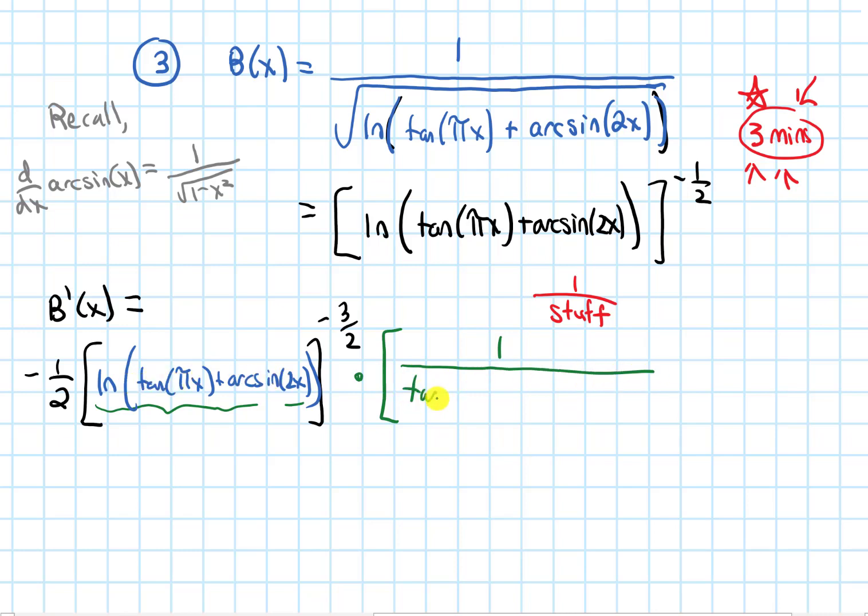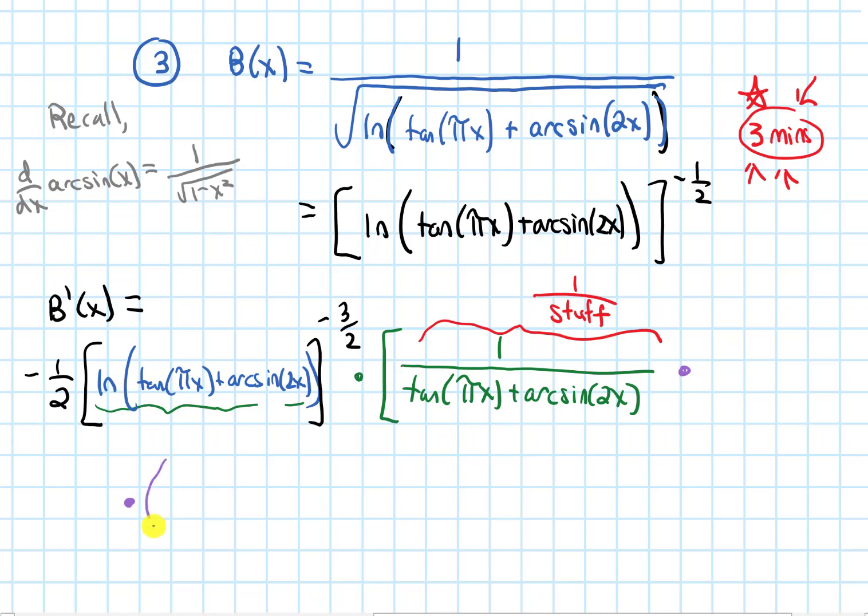So 1 over the tangent of pi x plus arcsine of 2x. And then the chain rule says, multiply that by the derivative of the stuff, everything inside of the ln. I'm going to put that on the next line.